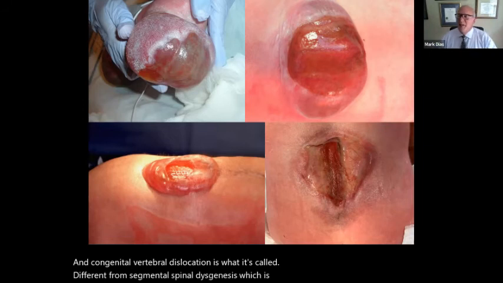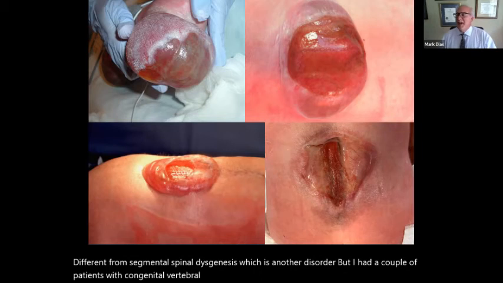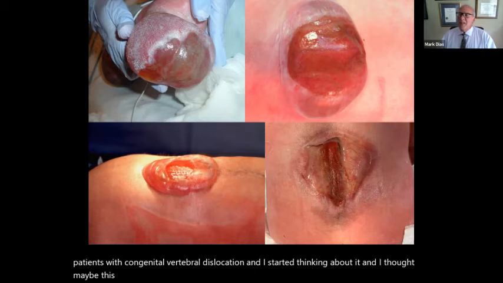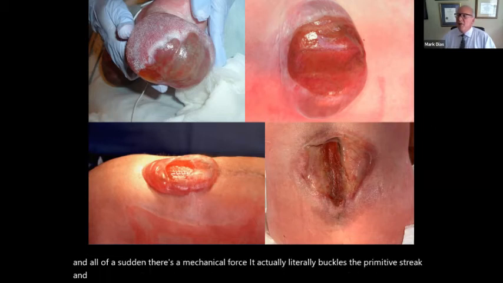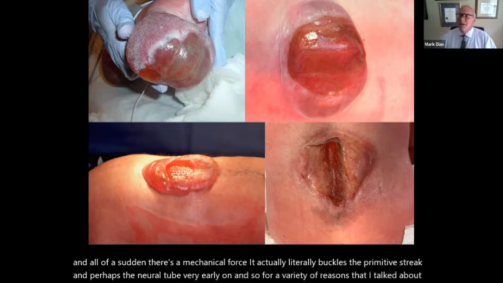But I had a couple of patients with congenital vertebral dislocation, and I started thinking about it, and I thought, well, maybe this is because of embryonic buckling. We have this flat embryo that's developing, and all of a sudden there's a mechanical force that literally buckles the primitive streak and perhaps the neural tube very early on. For a variety of reasons that I talk about in the paper, I think this is a very early phenomenon.